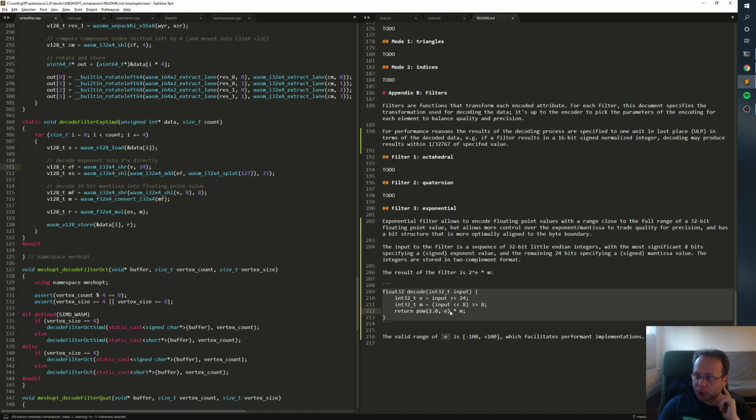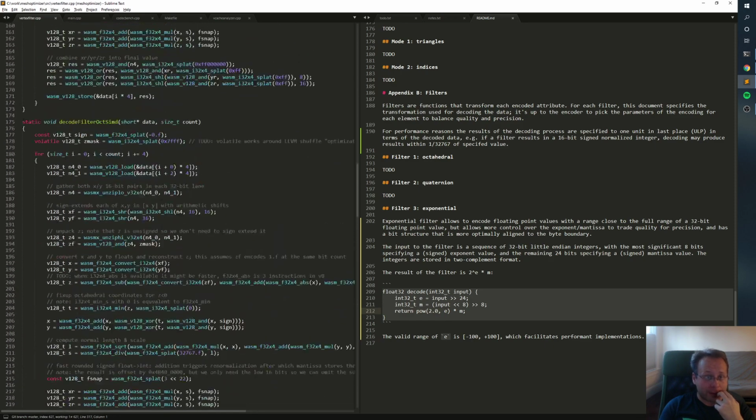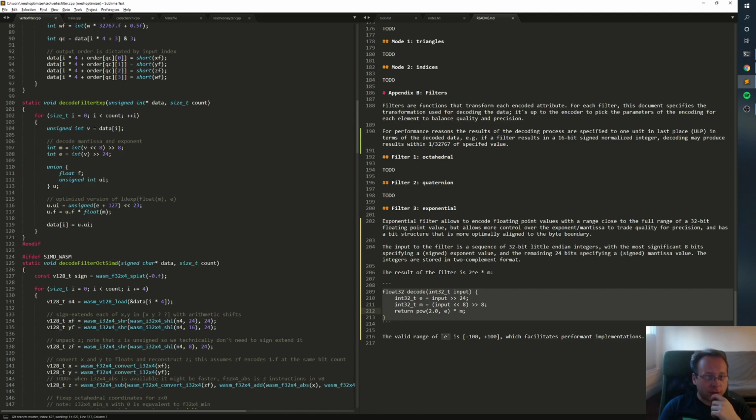Instead of doing this in floating point values, we just manufacture this value using bit arithmetic, because we know that the exponent is in specific bits of the value, and so we just put the bits there, and this gives us 2 to the power of e. Much faster than we would be able to do otherwise. And our C code uses the same trick.